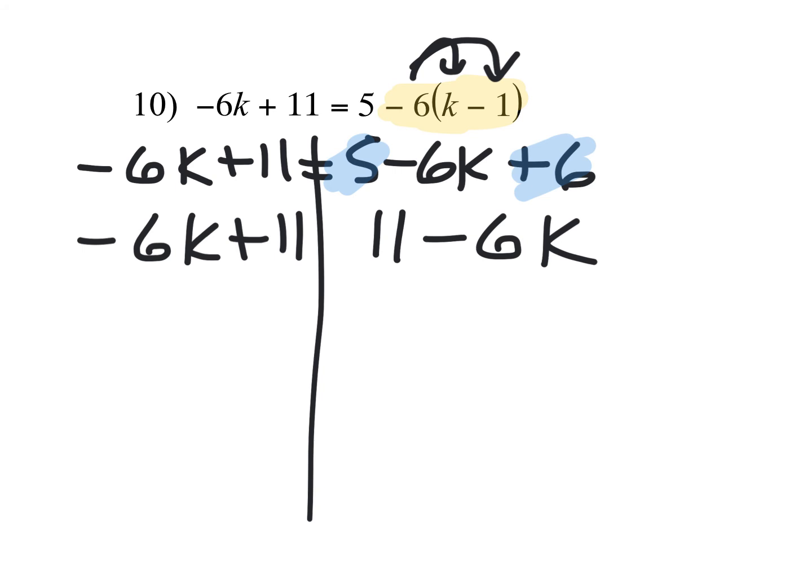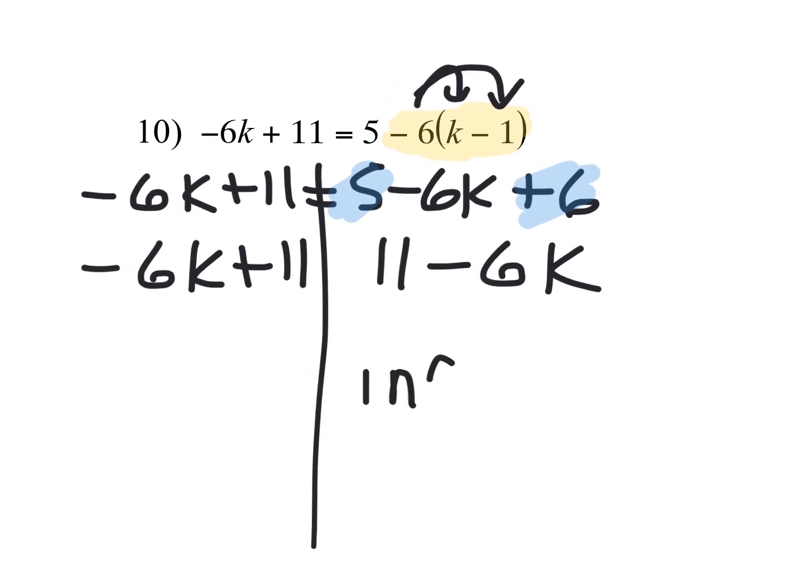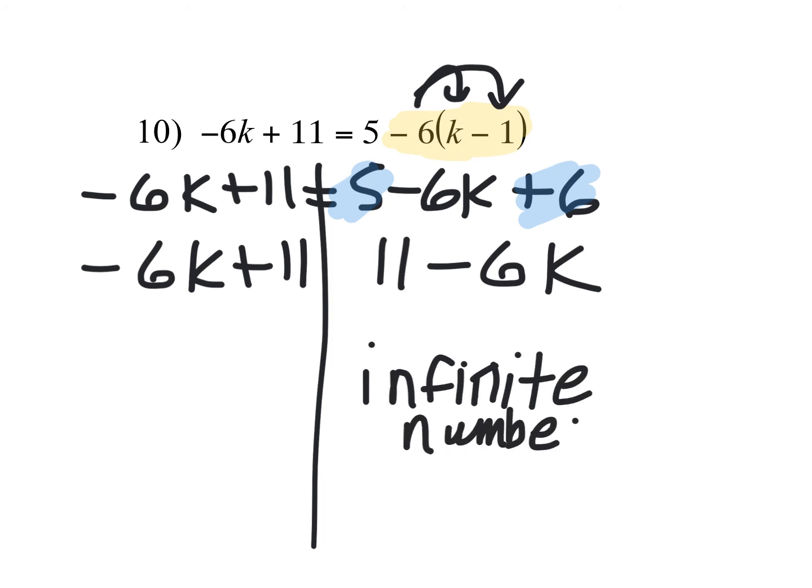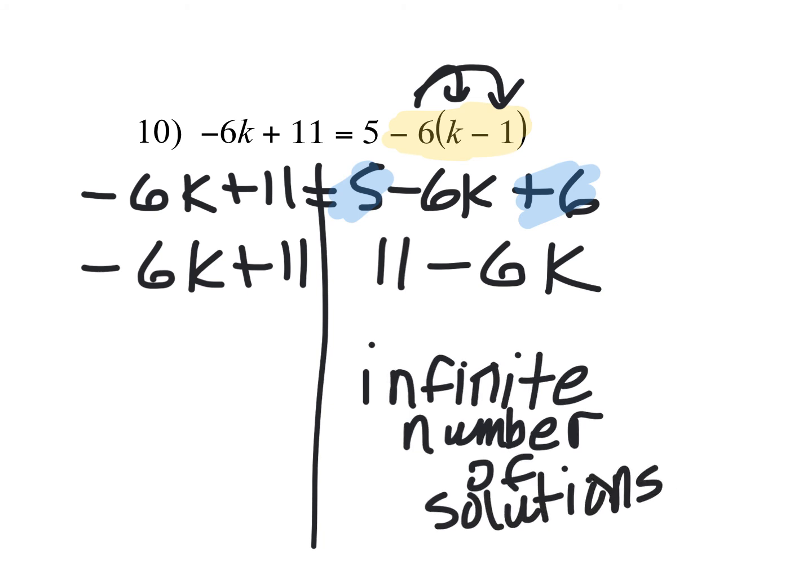So we have exactly the same variables on both sides with exactly the same number. They're always going to balance out, which means that we are going to type an infinite number of solutions. It doesn't matter what number you substitute in for k. It is always going to balance out.